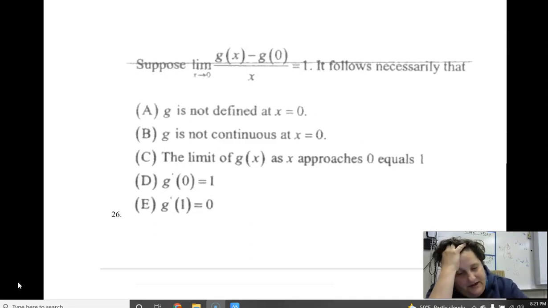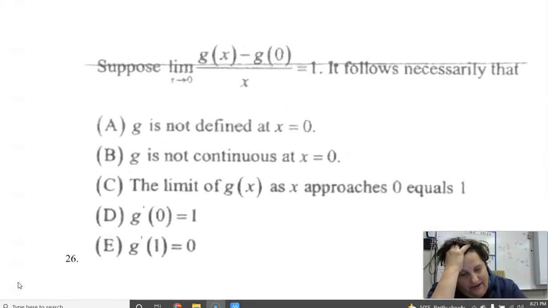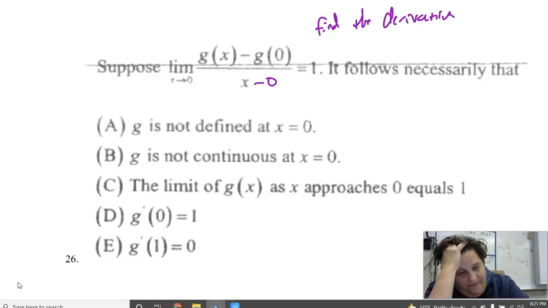Okay, here we go. This is another derivative definition question, because this is saying as x approaches 0, so it's like g of x minus g of 0 over x minus 0. This means, again, I'm going to interpret it, okay? Find the derivative of g of x evaluated at 0.